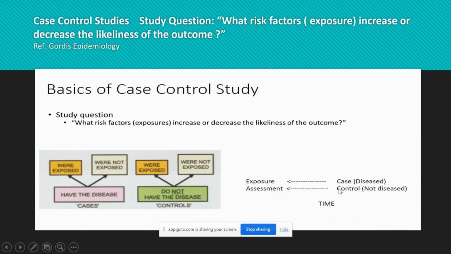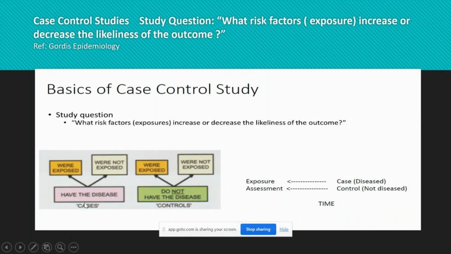So we will go back and see what is the assessment of the exposure. Were both groups exposed to a risk factor, or only the people who developed disease were exposed to a certain risk factor? So the people who have developed a certain disease, we will consider them as cases, and the people who have not developed the disease, we will keep as controls.